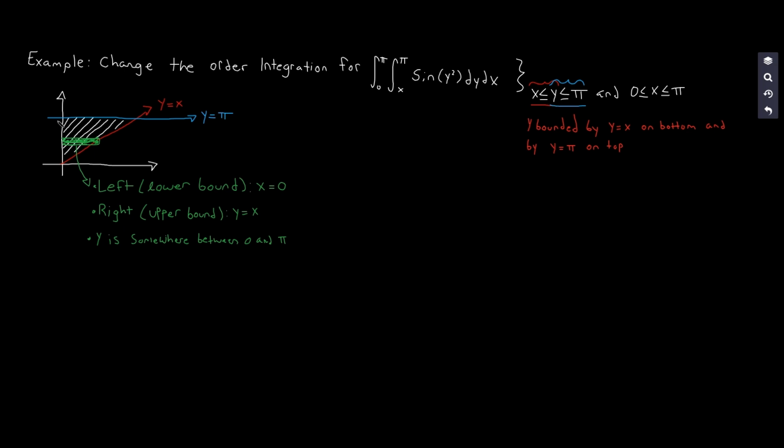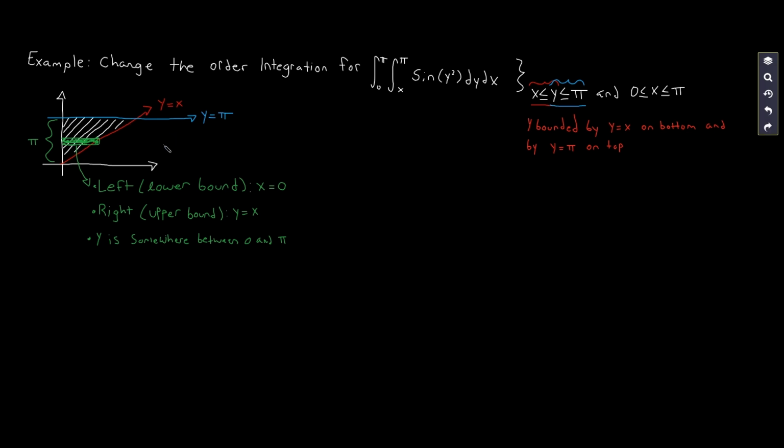I know that this is pi, right? We said it's pi, so this y equals pi. And x equals pi is where these things intersect. They intersect when x equals pi. And if y equals x, then that means that y has to be pi as well.